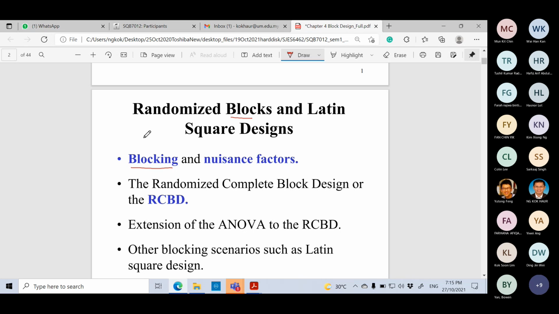If we recall the previous notes, we have an RF power. We have RF power of 160, 180, 200, and 220. This is your main factor. But when you collect the data, it comes from different suppliers. And then the raw material from the different suppliers will also affect your results.